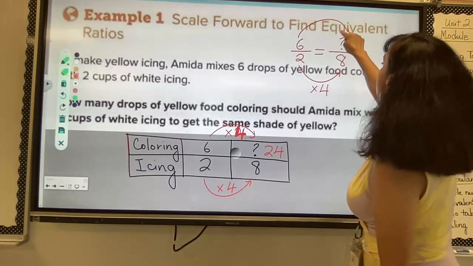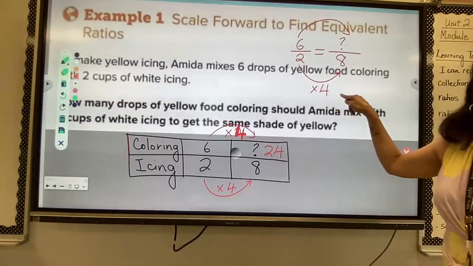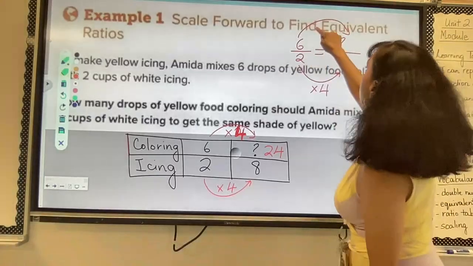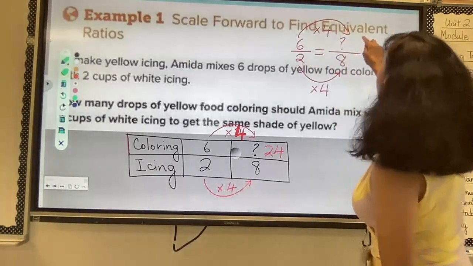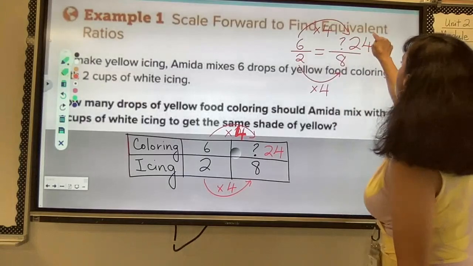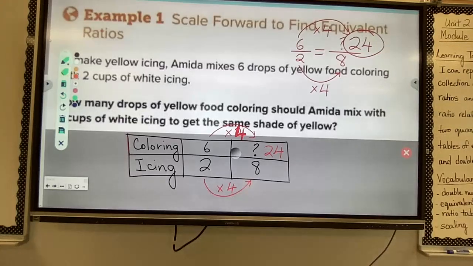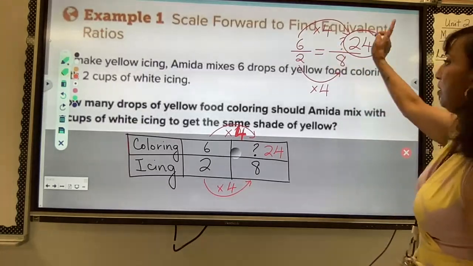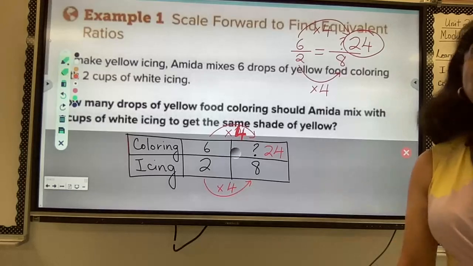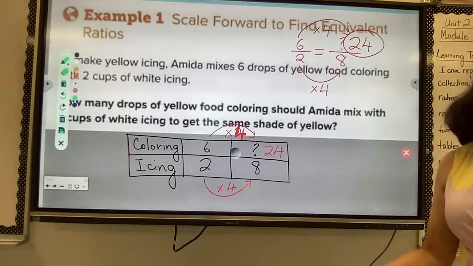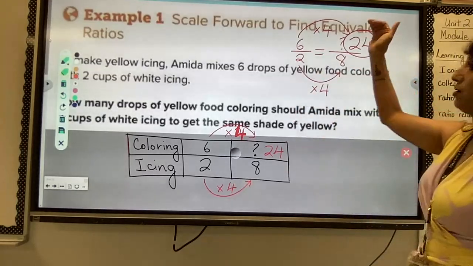Whatever I do to the denominator, I do the same thing to the numerator. So 6 times 4 gives me my answer: 24 drops of yellow food coloring. The equivalent ratio to 6 over 2 is 24 over 8. So that's another way I can show it, with the ratio table or by writing it out like this.